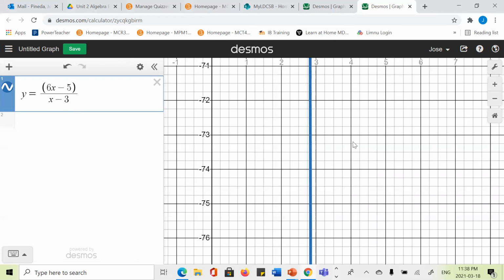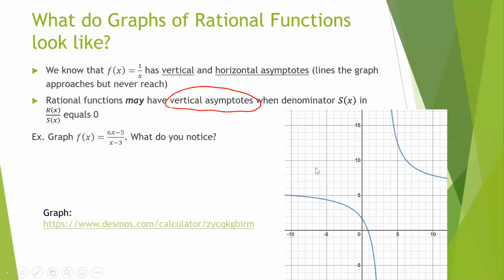So that makes sense on a graph, and it makes sense algebraically, that when I sub in 3 into x, I end up getting an undefined answer, right? I can't actually solve it. And so that makes sense on our graph that if I were to get closer and closer to 3, I can get very close to it, but I can never actually reach it.